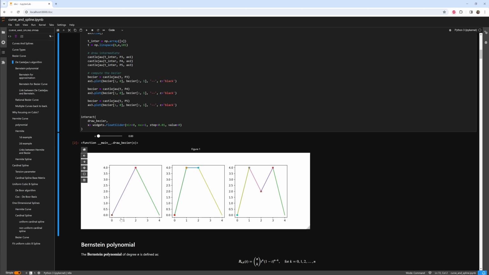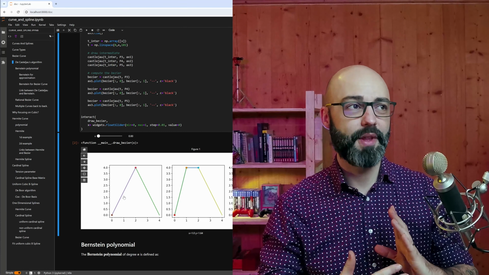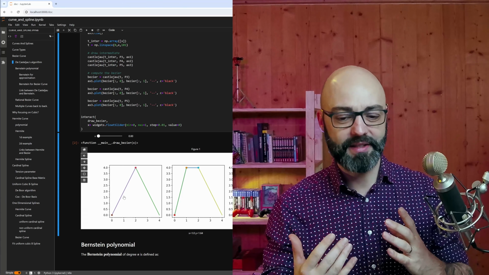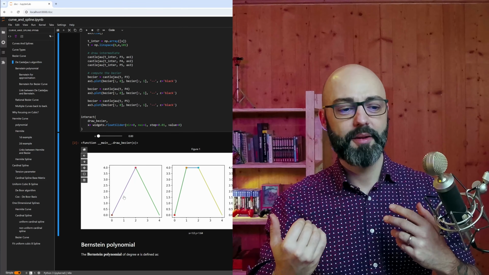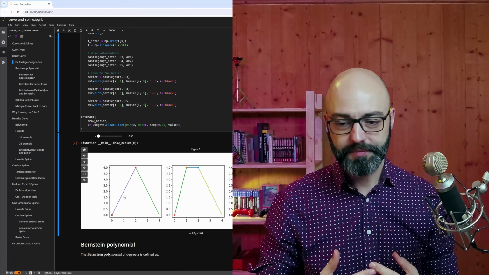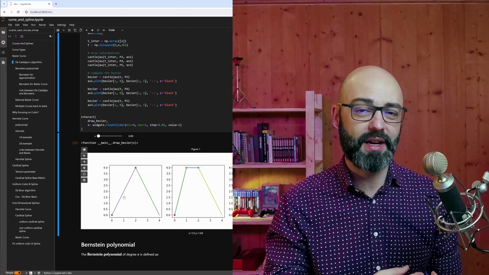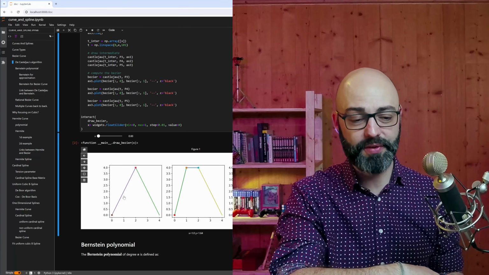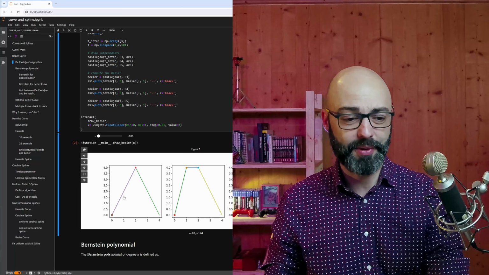formula for it is. A Bezier curve can be computed with any number of points. The important thing to know is that the Bezier curve is parameterized by a t-value that usually goes between 0 and 1. At time 0, you are at the position of your first point, and at t equals 1, you will be at the position of your last point.